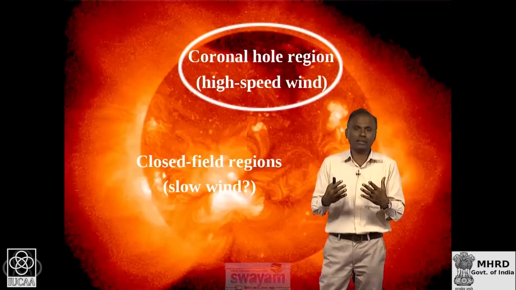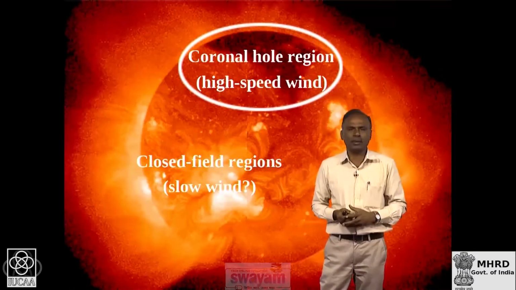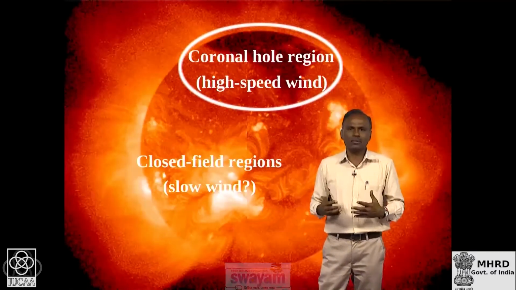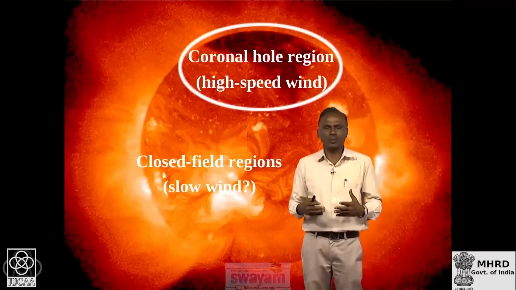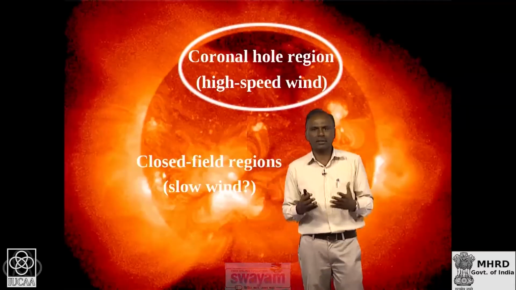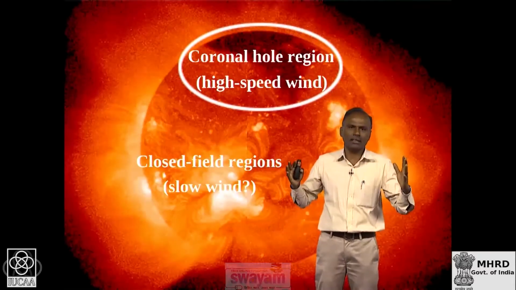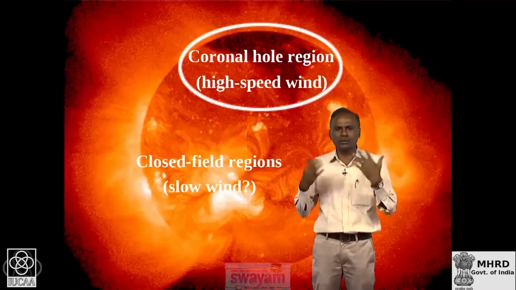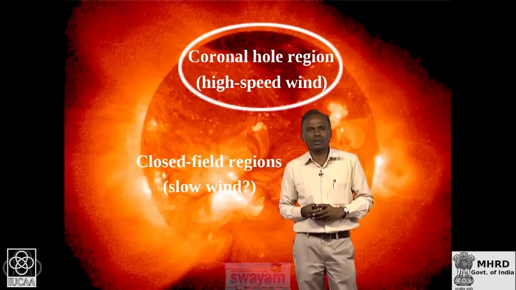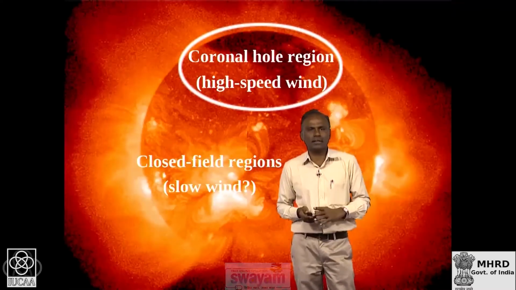But the coronal mass ejection can have a varying speed. They can be pushed into interplanetary space at 100 kilometer per second to something like 4,000 kilometer per second. So, they are the transients, with hugely varying speed.